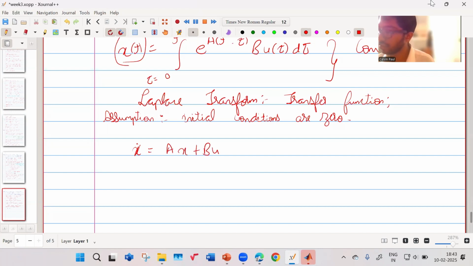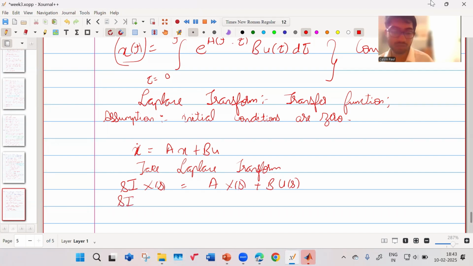If we take the Laplace transform, it is s into I into x of s is equal to A into x of s plus B into u of s. That is sI, sorry.